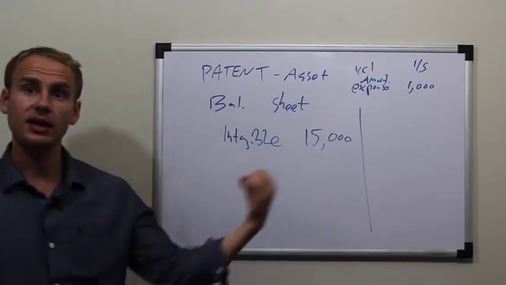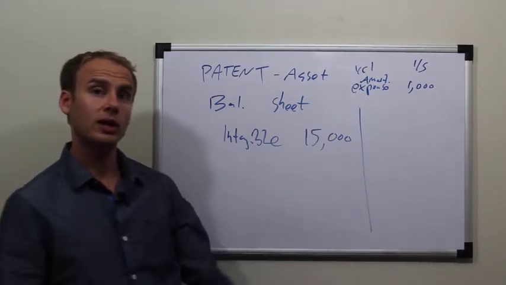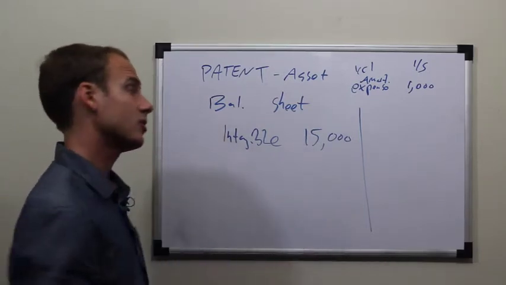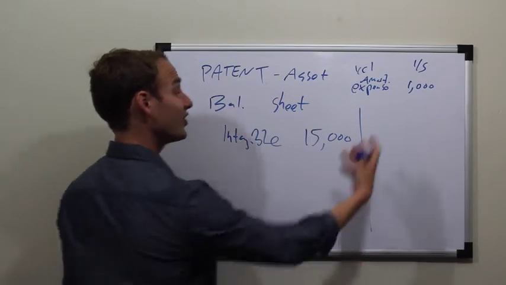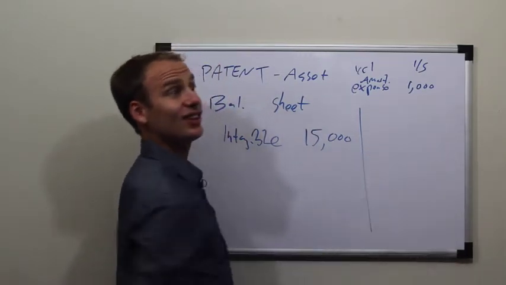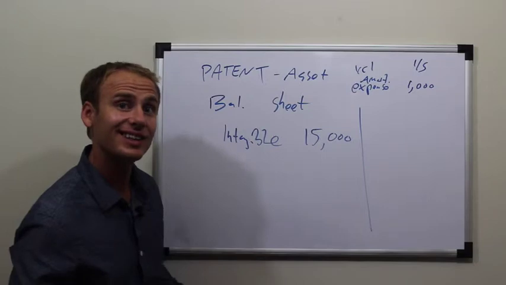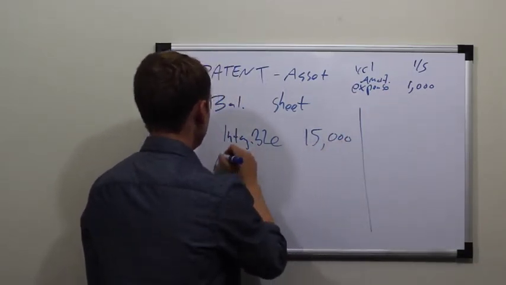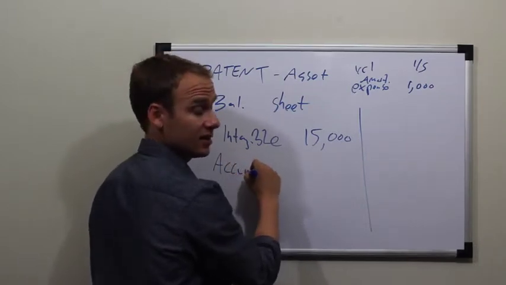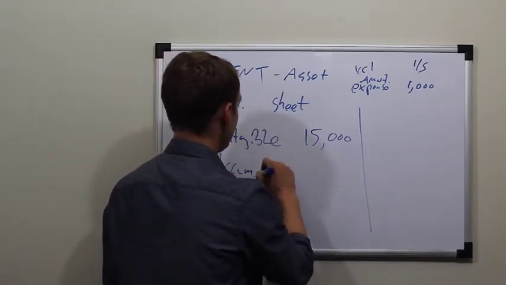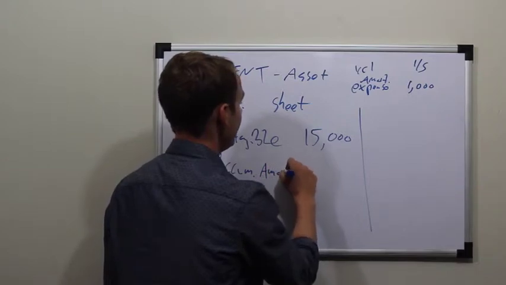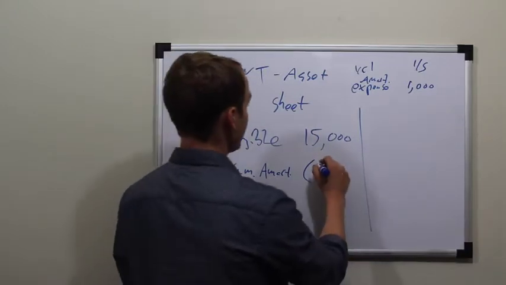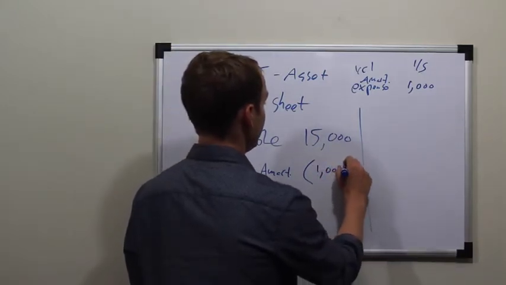Now we know in accounting everything has an equal and opposite effect across different accounts. Debits equal credits. So now $1,000 has been written off on the income statement. The other side of that will be the accumulated account, the accumulated amortization. In this case, I'm going to present it as a negative number, 1,000.